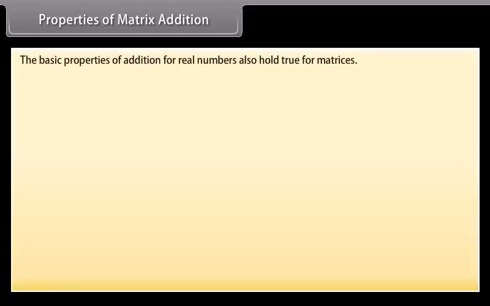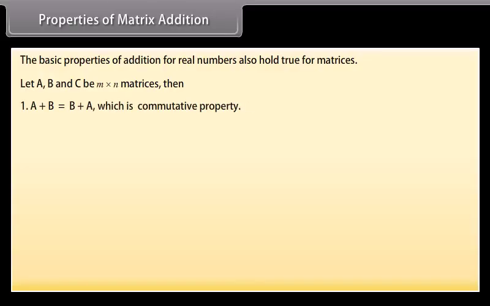Properties of matrix addition. The basic properties of addition for real numbers also hold true for matrices. Let A, B and C be m by n matrices. Then A plus B is equal to B plus A, which is the commutative property. Associative property: A plus B plus C is equal to A plus B plus C, grouped either way.